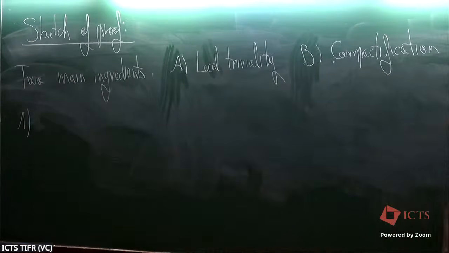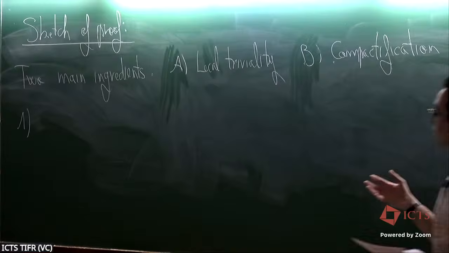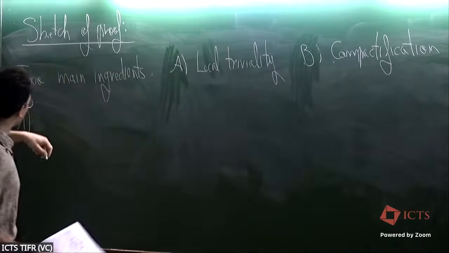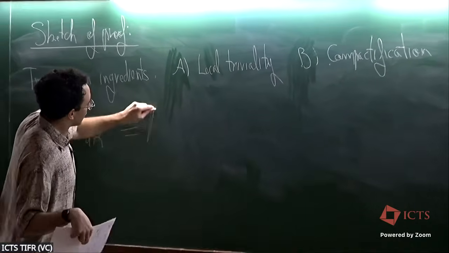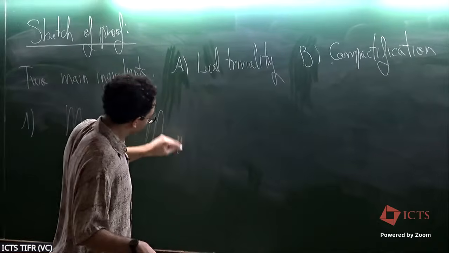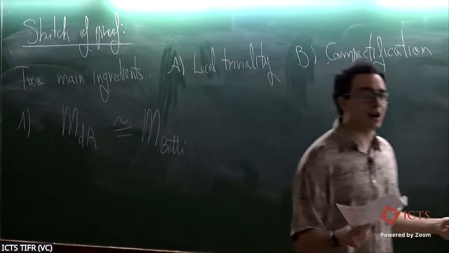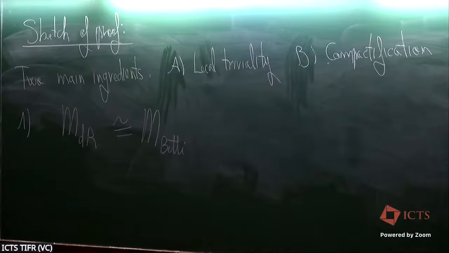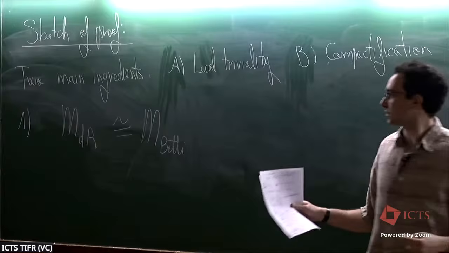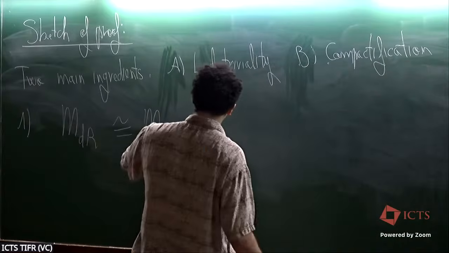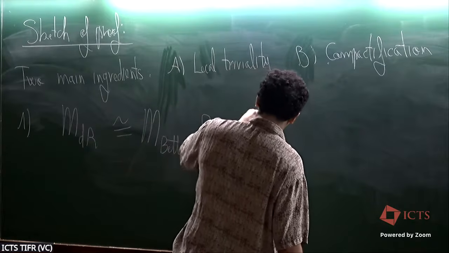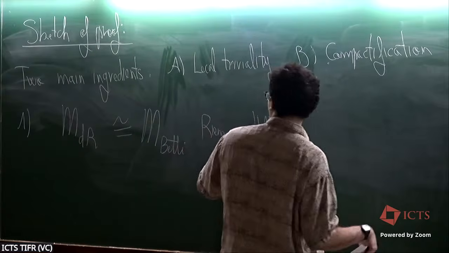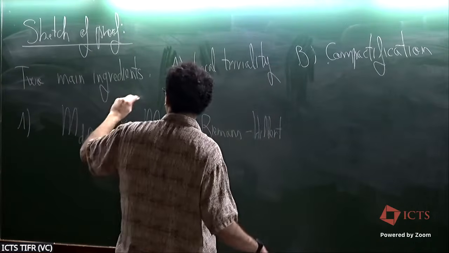Okay, step by step. The first thing to consider is what happens between the de Rham stack and the Betti stack. Actually, the de Rham stack and the Betti stack are complex analytically isomorphic. There's the Riemann-Hilbert correspondence, which already provides a complex analytic isomorphism.